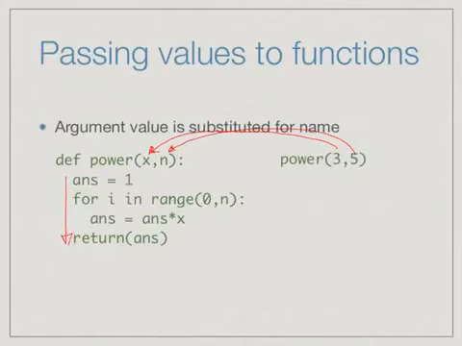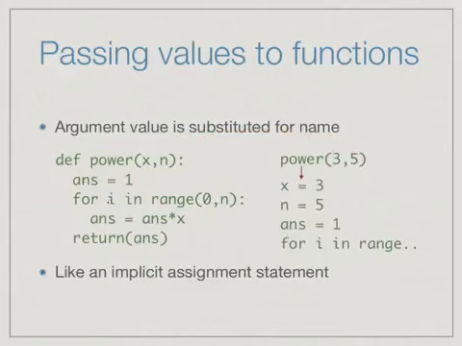You can imagine that when we run this code, it's as though we have this code inserted into our program at this point, preceded by this assignment. The assignment says set the value of the name x to the value passed, namely 3, set n to 5. So this assignment is what takes place effectively when you call a function.